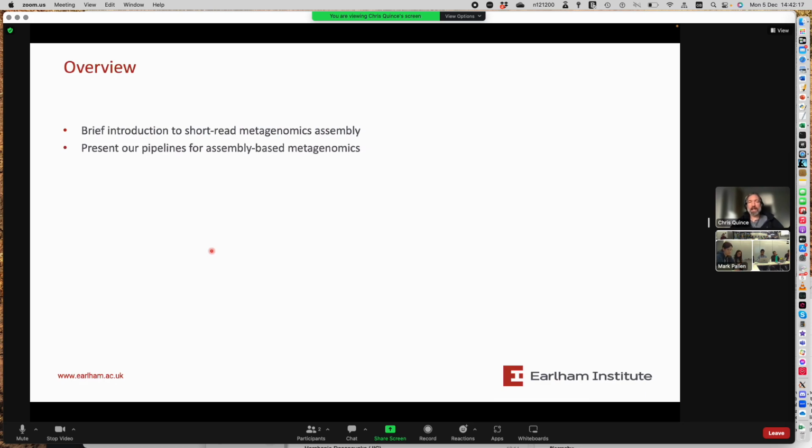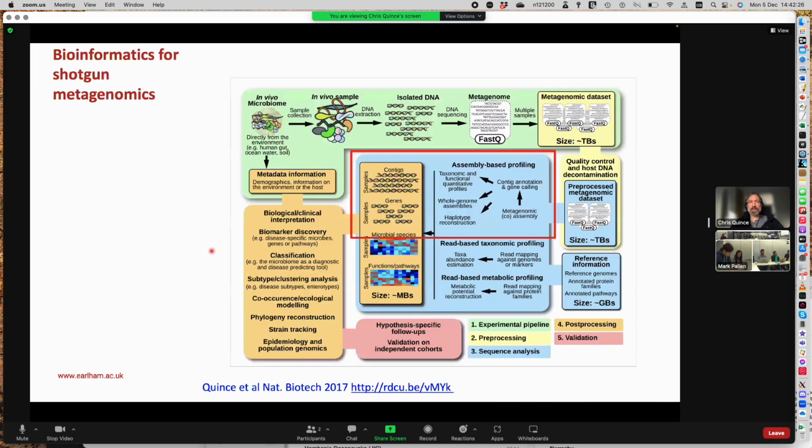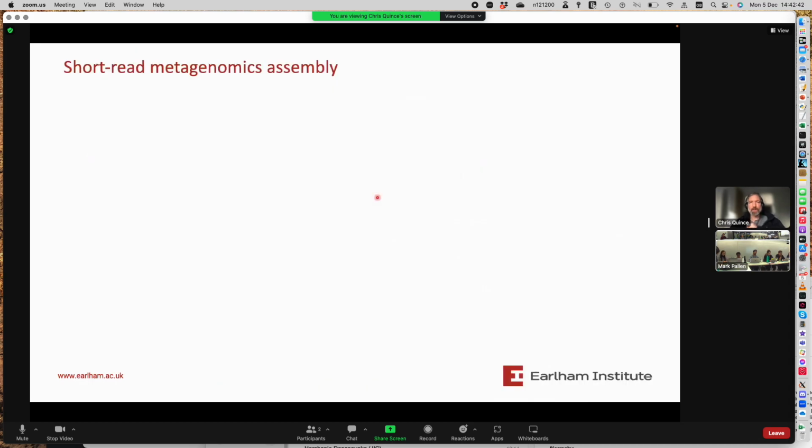And then I'll talk about how we do binning, and then I'll have a brief set of results from that same Crohn's disease data set that we looked at. So now we're on this part of the bioinformatics pipeline. We're going to do assembly and binning of contigs into MAGs, metagenome assembled genomes. Okay, so what is assembly?